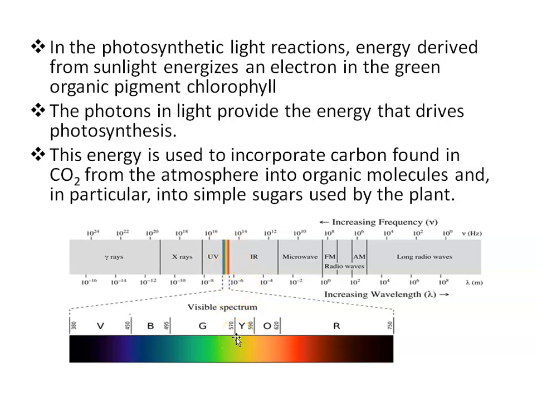Within visible wavelengths of light, the longest wavelengths are of red light and the shortest are of violet, purple light, right? So, if you remember the word Vibgyor: violet, indigo, blue, green, yellow, orange, and red. So red light has the longest wavelength and the shortest wavelengths are of blue and purple light, right?